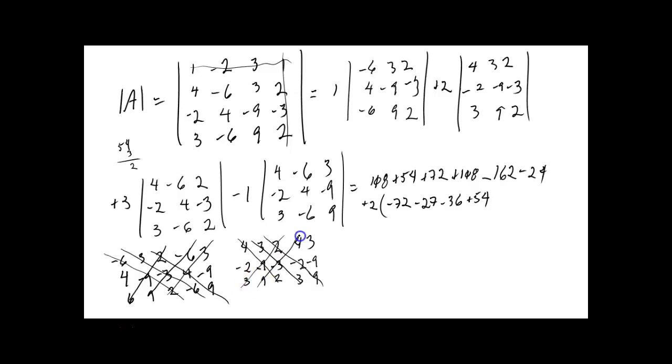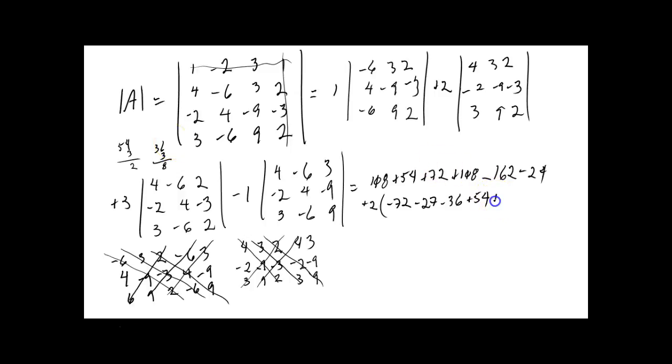Okay. Up diagonal there would be another plus because there's only one minus sign, and that's going to be 36 times 3, 108. I believe that's right.